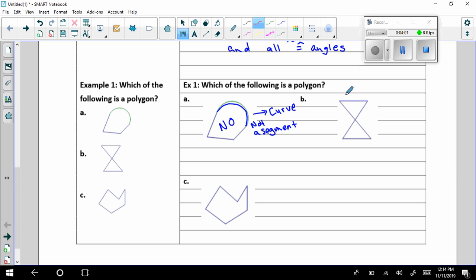Okay. This one would also be no. This line here has 3 intersecting points with this one, and this one, and it crosses over. That was one of the examples I even gave you above, so this one is not, 3 points of intersection.